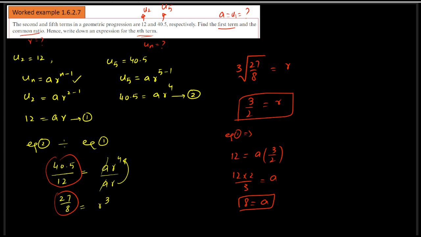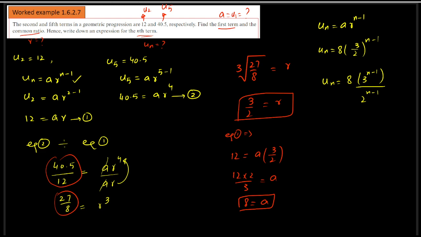Now the next step is to find nth term of the progression. Using formula for nth term, it's a r power n minus 1. So un is equal to a is 8, ratio is 3 over 2, raised to the power n minus 1, because we need nth term. So un is equal to 8 multiplied by 3 raised to the power n minus 1, distributing power, over 2 raised to the power n minus 1.